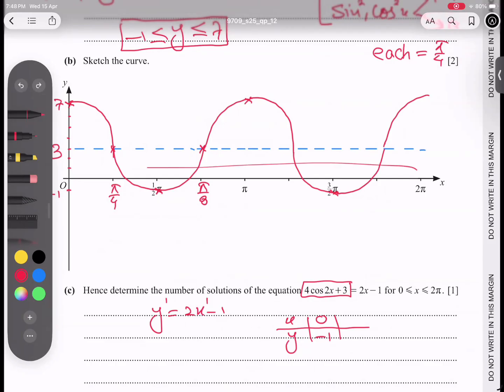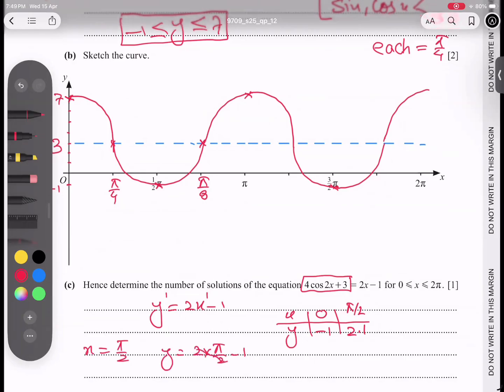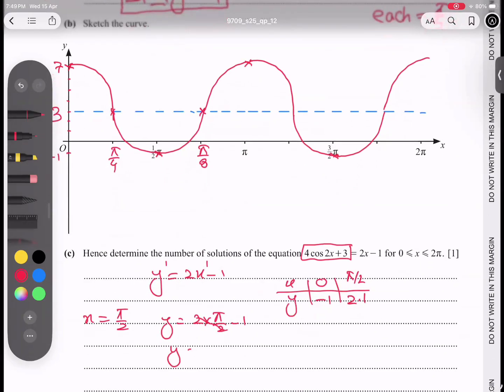Second number, I can plug in any number you like. So I will plug in pi by 2. Pi by 2 is the best number. So when I plug in pi by 2 in place of x, what do I get? Pi minus 1, in decimal, turns out to be 2.14. I'm showing this calculation so you people can understand. 2 cancels out, and I get y is equal to pi minus 1.